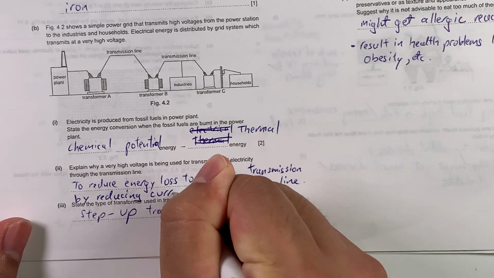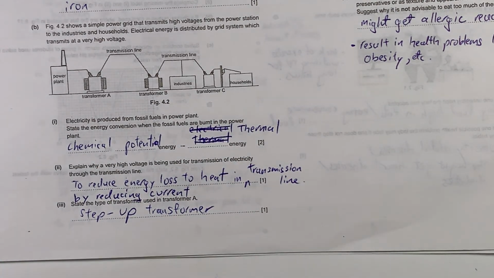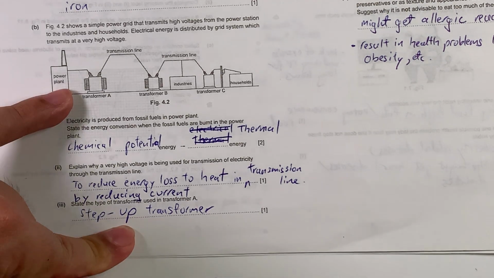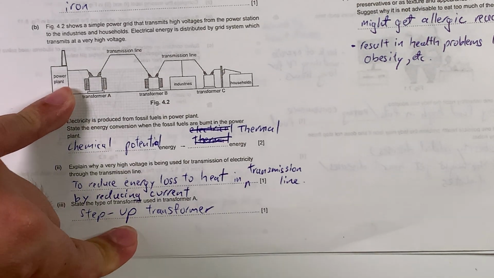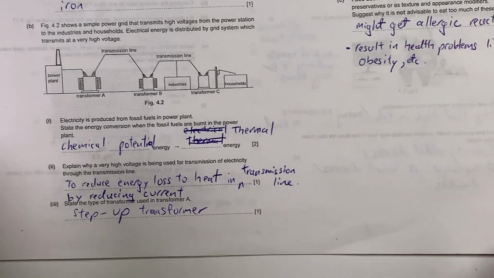When we reduce the current, we are reducing the heat that would otherwise be generated in the transmission line. So for this to happen, transformer A must convert the voltage to a very high voltage, so it must be a step-up transformer here.